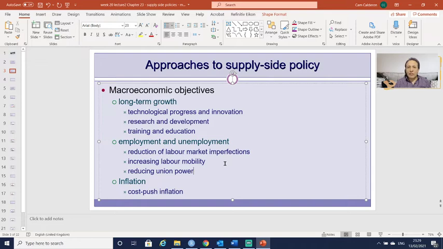So, for instance, if oil prices increase, the cost of almost every good in the economy will increase, because petrol is used in transport, so many goods are going to change in price, and as a result we will have cost-push inflation. So another means of generating supply side policies is trying to affect that cost-push inflation.